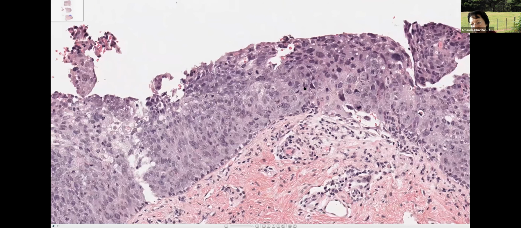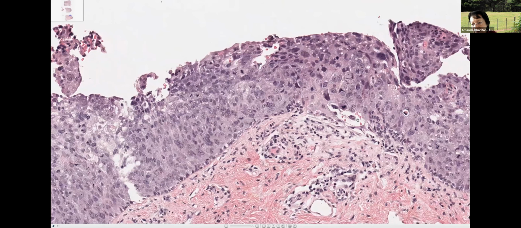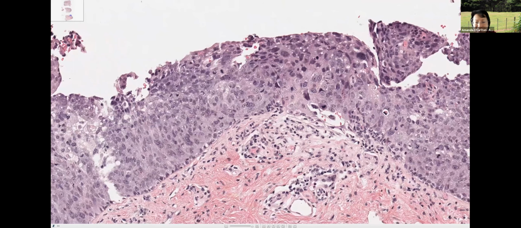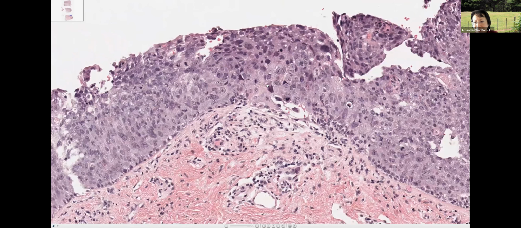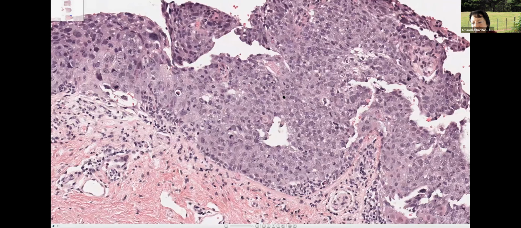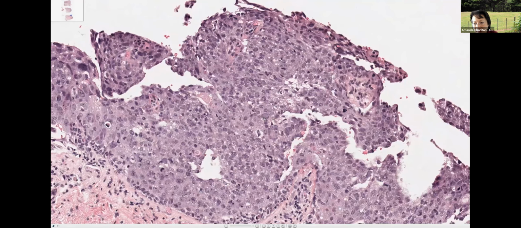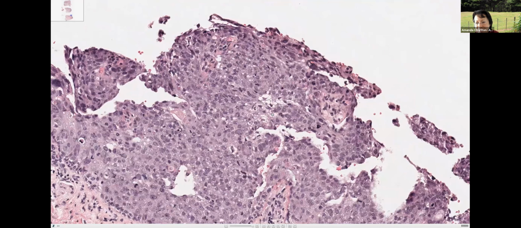So far, this looks like an in situ squamous malignancy, but I can see there are little foamy components to some of these cells, like little clear droplets. What's that doing up there? The clearing of the cytoplasm.